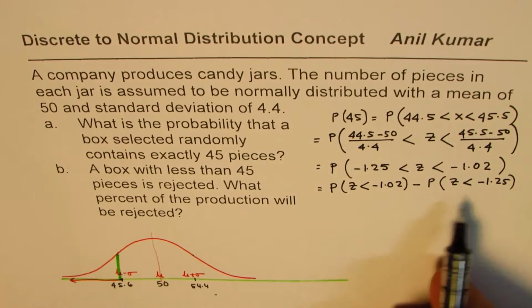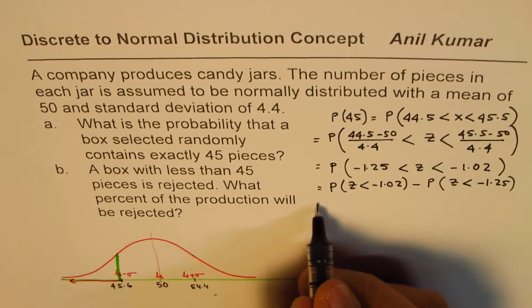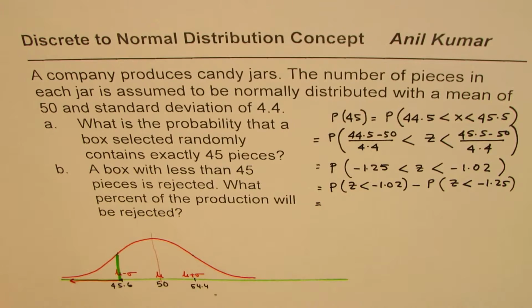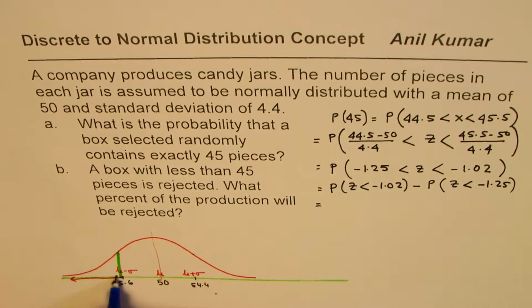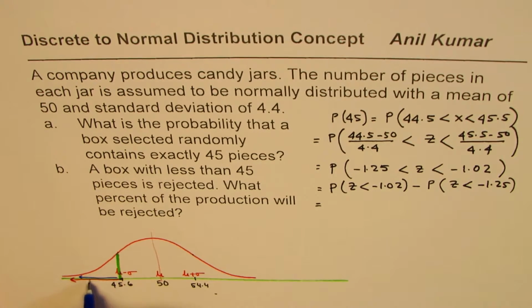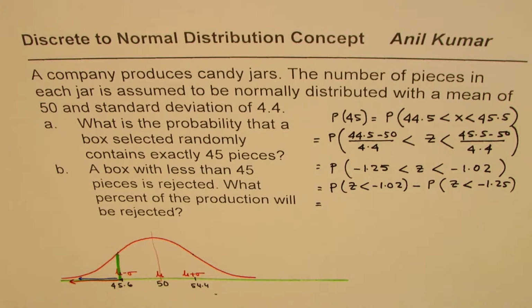Do you see that? Now from the table, this one is the red line which I've drawn, and minus 1.25 will be this line. Is it okay? So we are subtracting those two to get this area in between. That's the whole idea.